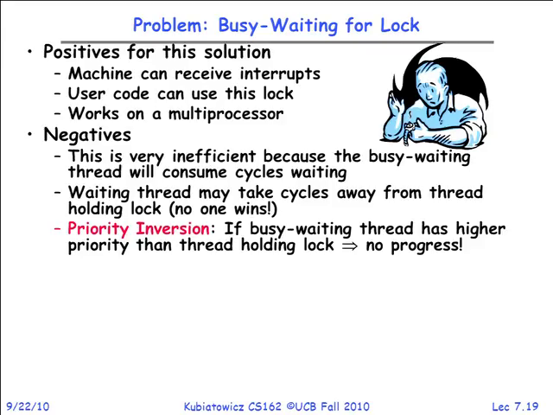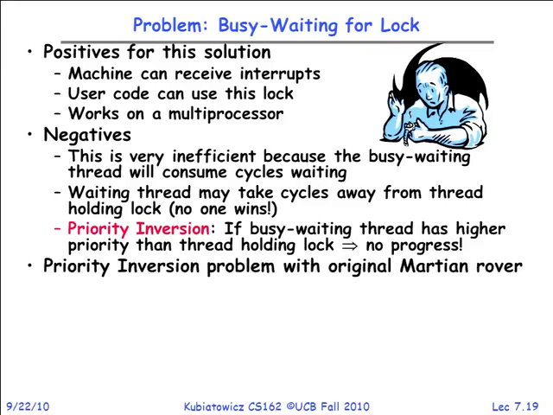Now, it's amusing to know that the original Mars rover actually had a priority inversion problem. What would happen is the rover would be working along, and then it would reboot, just like my laptop just did. It did this over and over again, and they were trying to figure out what was going on.